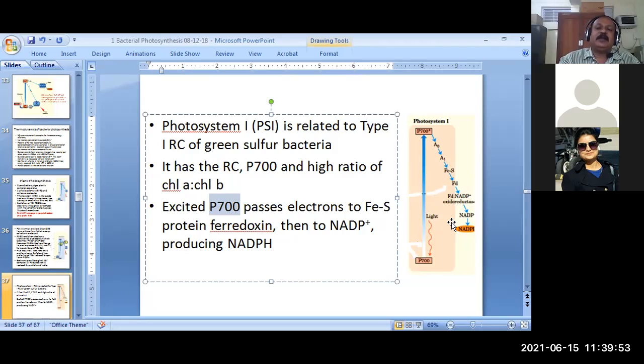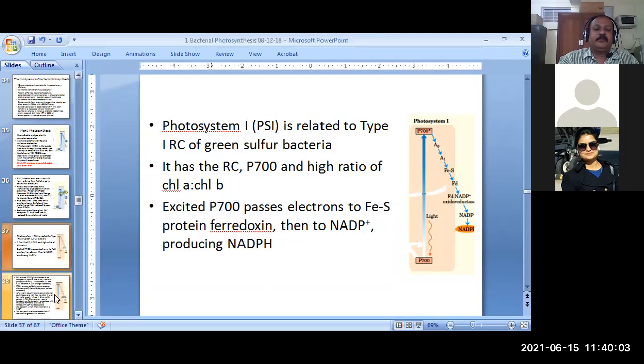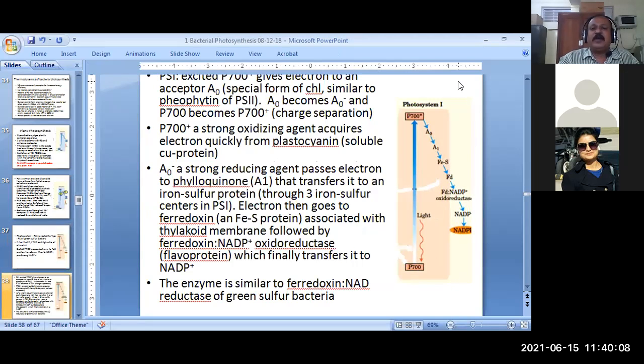And that is how we get the reducing power from photosystem 1, which is present in plants. Then we shall try to find a little more details. Let me make this slide slightly smaller.